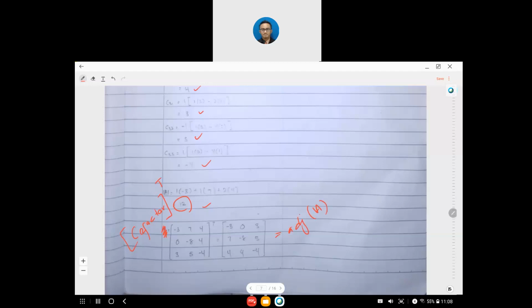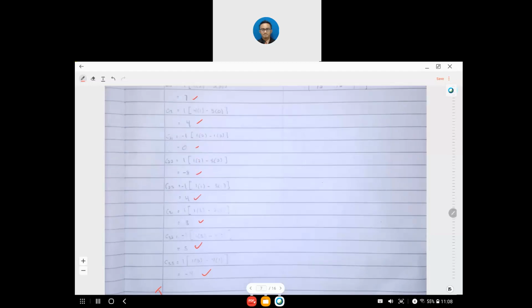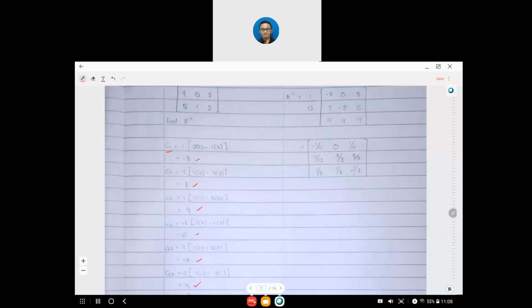Okay, so you transpose, so you can get 3 negative 3 0 3 7 negative 8 5 4 4 negative 4. Next, to find the inverse, A inverse equal to 1 over determinant times by adjoint matrix or times by cofactor transpose. Okay, so you can get this matrix inverse. Okay, everyone got it?